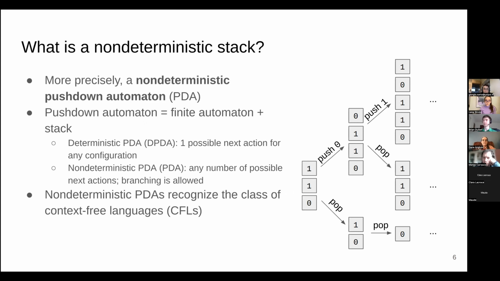And in a non-deterministic PDA, or just PDA for short, we can have any number of possible next actions. And if you encounter some ambiguity, then you branch into parallel universes, each with its own instance of its stack. And we're interested in non-deterministic PDAs because they recognize the class of context-free languages, which is relevant to natural language.